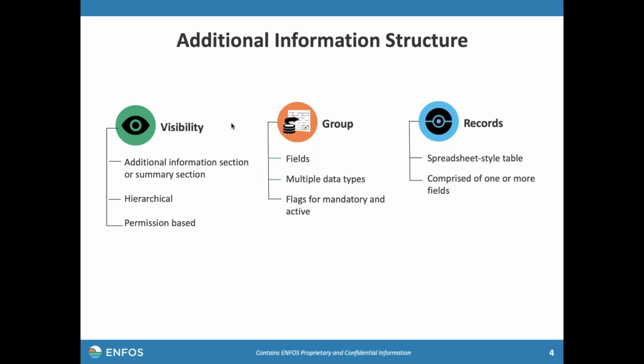Additional information is exactly as it sounds. It's a way to add additional fields within ENFOS's standard data fields. We also refer to this as add info, AIF, or custom fields. Today, I'm going to really focus on just calling it additional information.